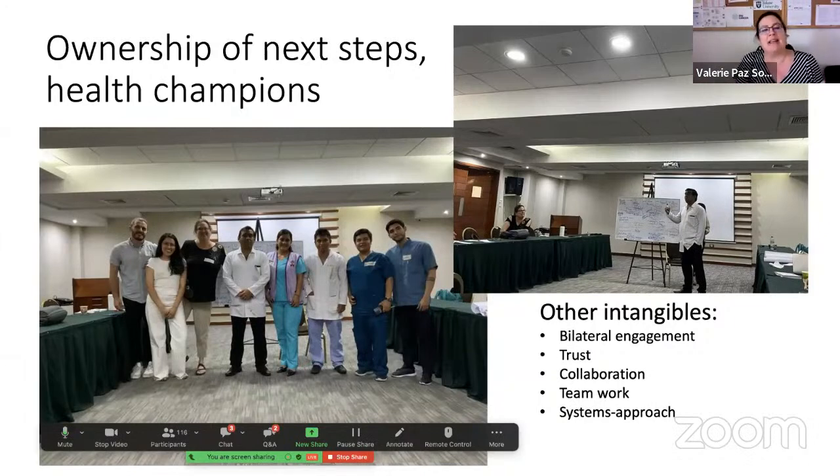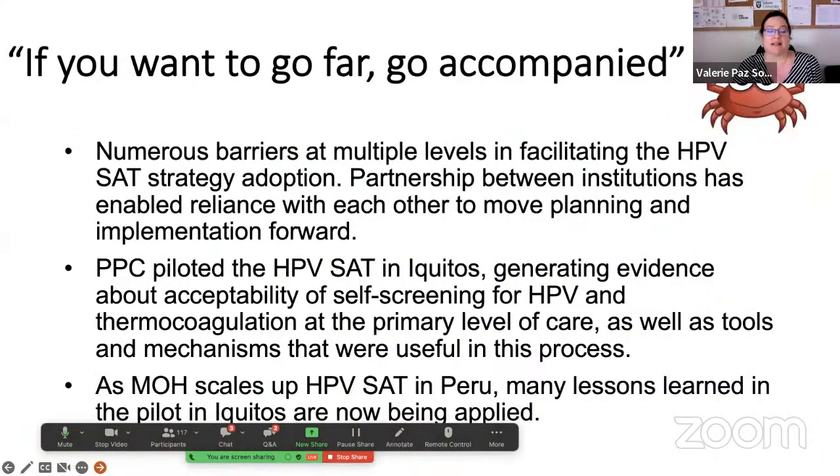So if anything, more and more people come because they know we come and we engage. We don't just talk down. We engage and we help build this collaboration and this teamwork. And we use a systems approach because we need to acknowledge complexity in the system.